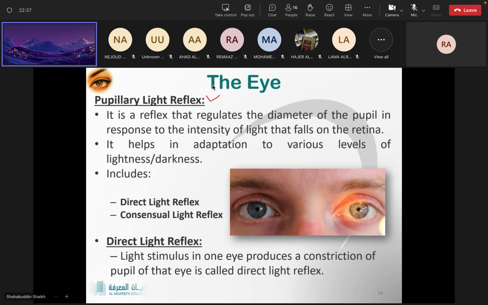Retina is made up of receptors, the receptors for light, and other neural cells. The receptors for light are called photoreceptors, and they are rods and cones.